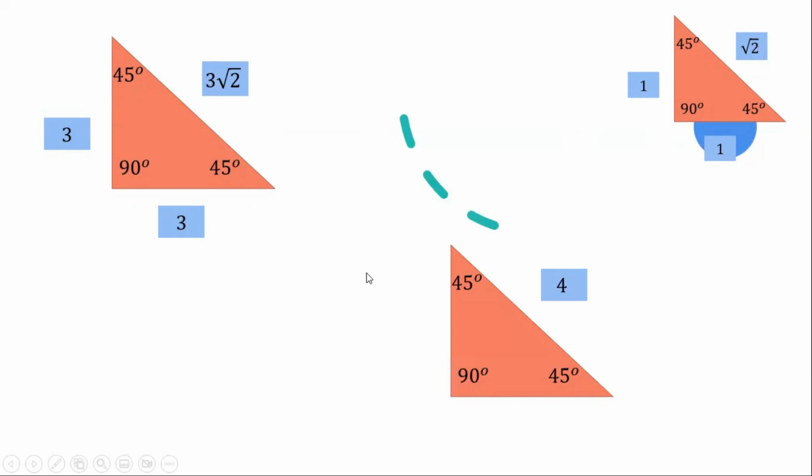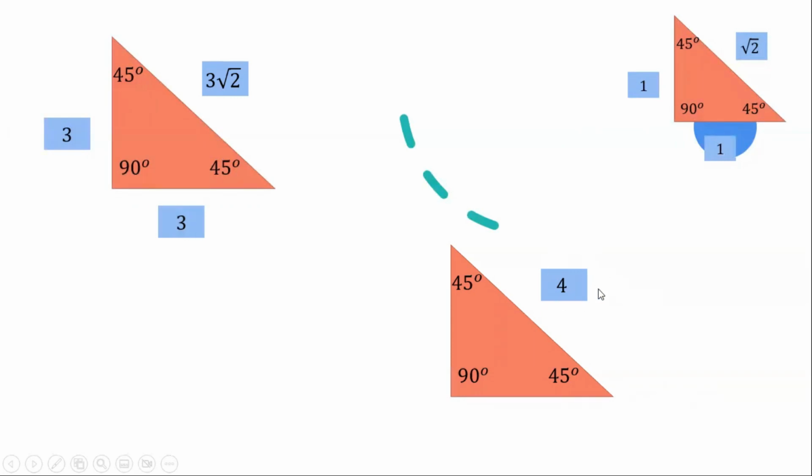And then if the given side is the hypotenuse, for a right isosceles triangle, to get the length of the side opposite the 45-degree angle, all you have to do is divide the hypotenuse by square root of 2.